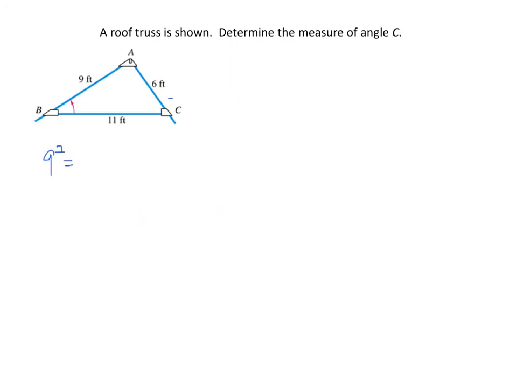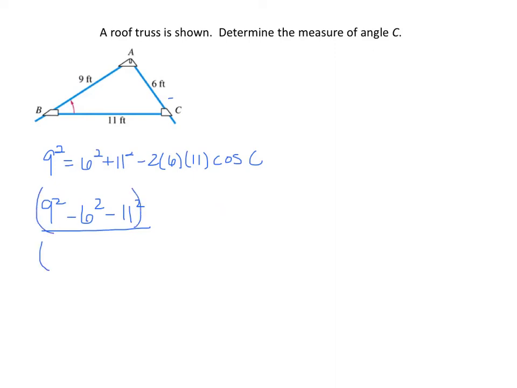9 squared is equal to 6 squared plus 11 squared minus 2 times 6 times 11 cosine of C. What I put into my calculator: 9 squared minus 6 squared minus 11 squared, all divided by this, so this is in parentheses, negative 2 times 6 times 11, and then I close my big parentheses and hit equal.